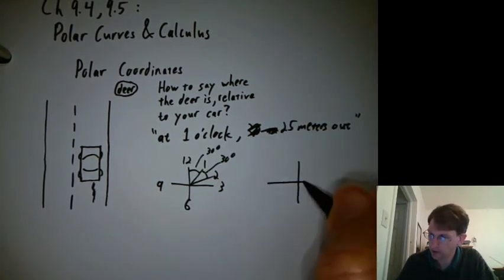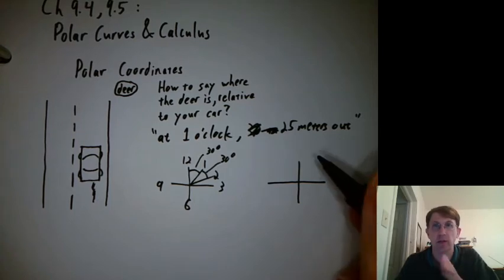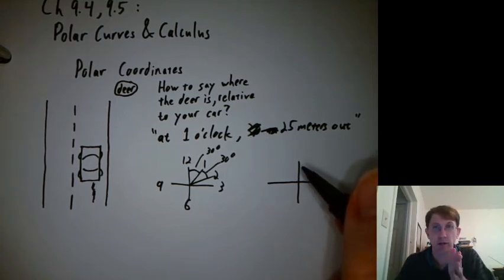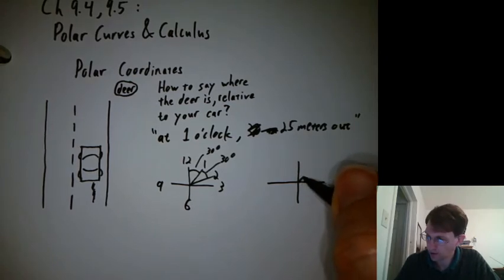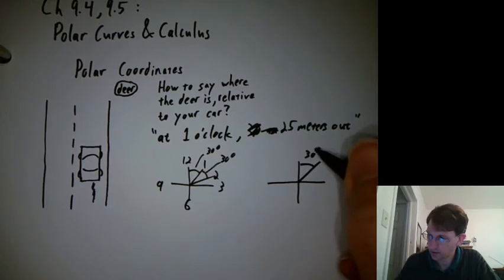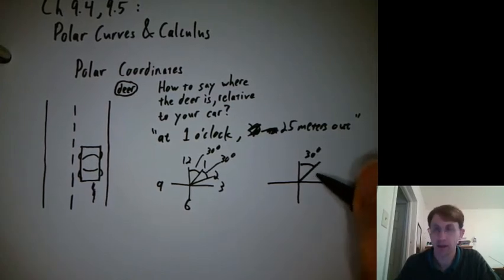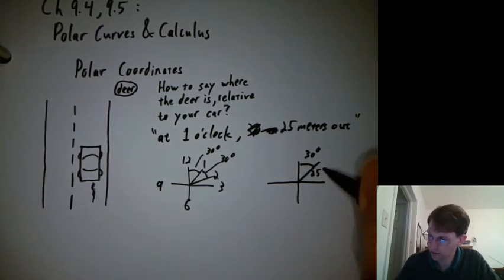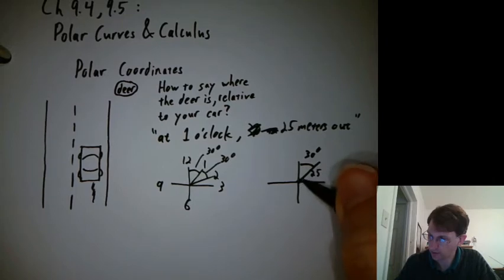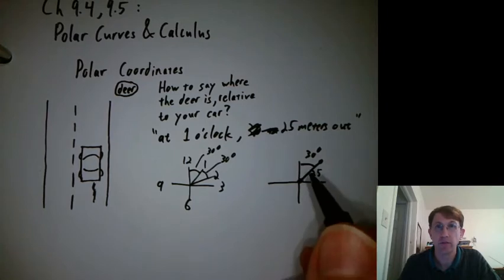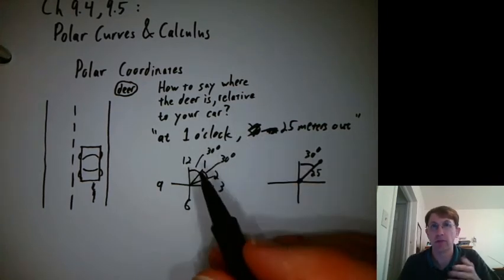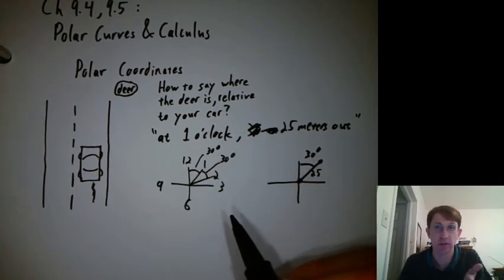So there we're using kind of the compass coordinate system where north is 0, south is 180. According to this statement, we've got the deer at 30 degrees from straight ahead and a distance of 25 meters from the origin out to there. So that's an intuitive way of talking about where something is relative to your current position and heading.